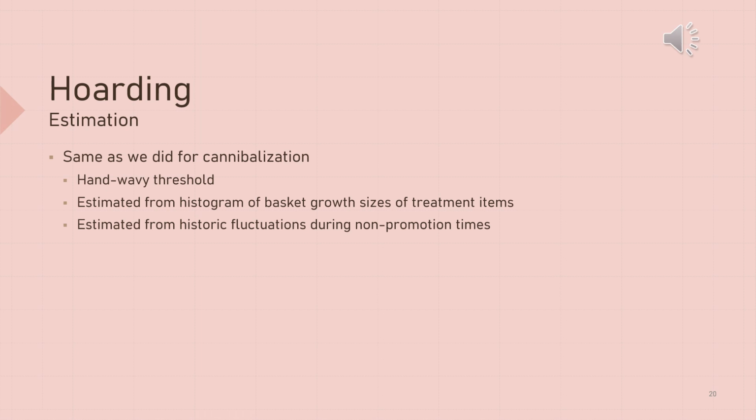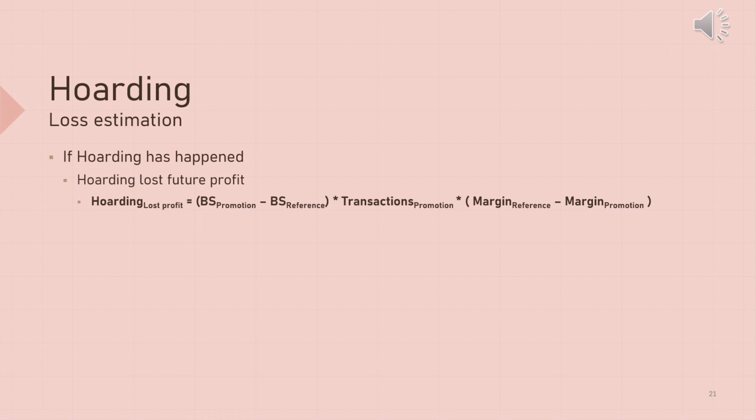Or we can look at historic fluctuations in basket sizes during non-promotion seasons, account for seasonality, and then come up with a p-value for the basket size growing by this much percentage, and then decide whether it's hoarding or not.